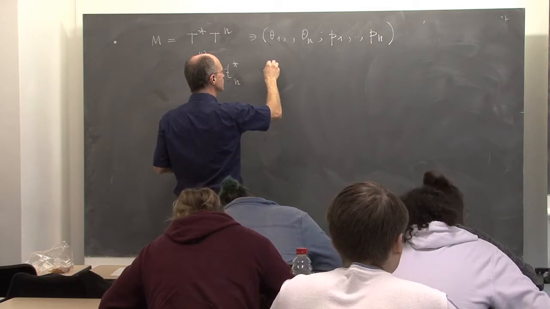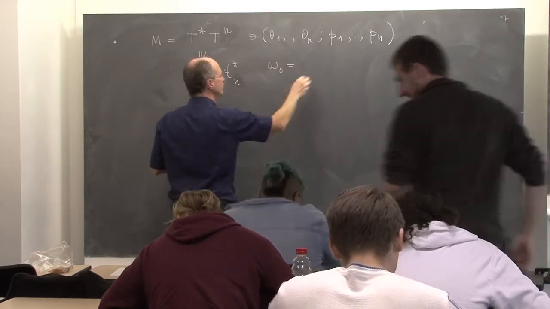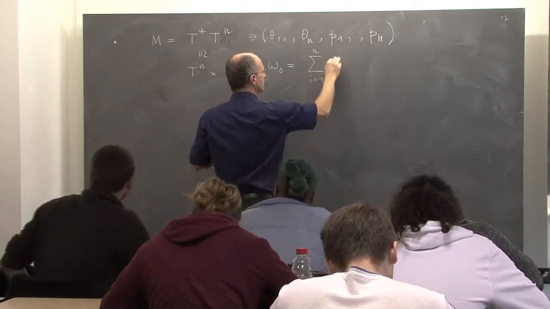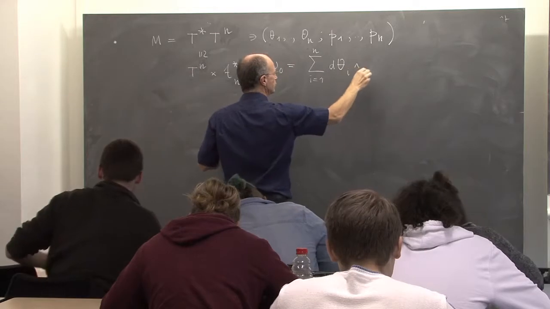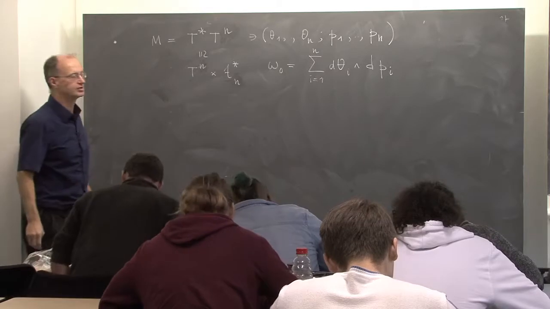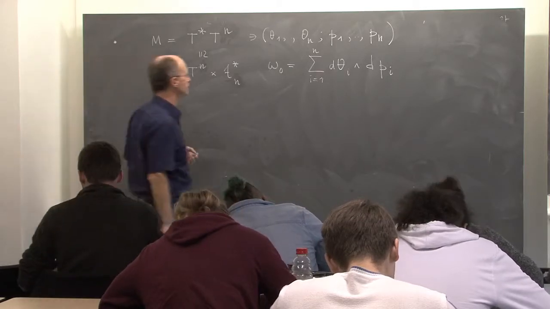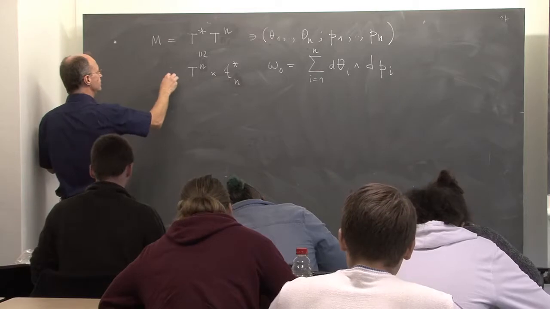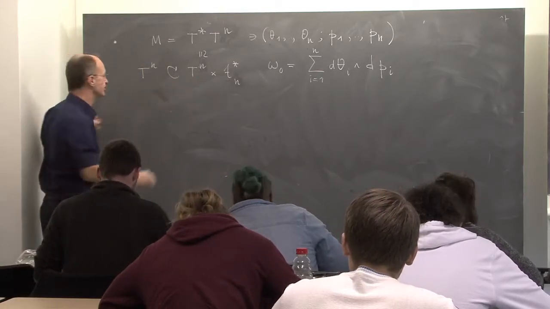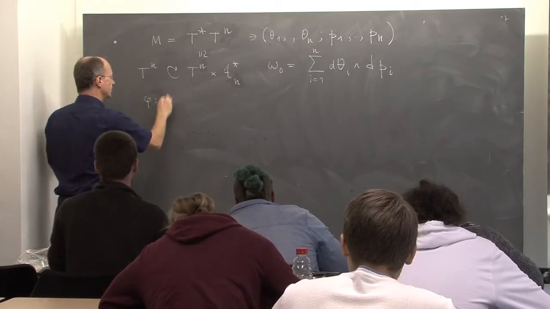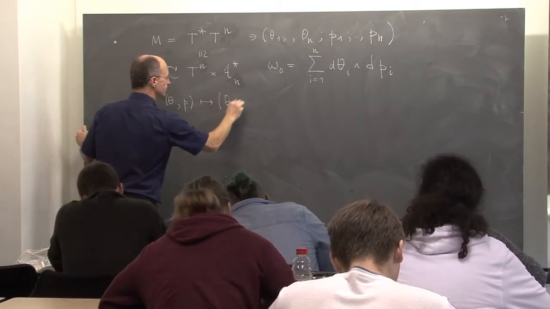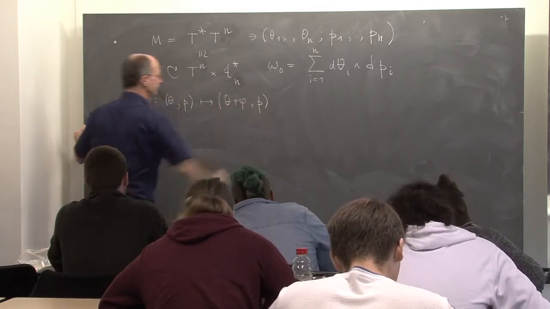The canonical 2-form is equal to, according to our general formulas, the sum of dθi wedge dpi. So this space carries a Tn action just by translations. So φ maps (θ, p) to (θ plus φ, p).